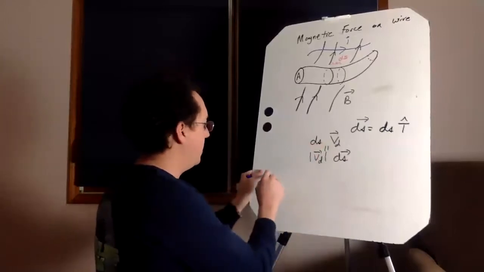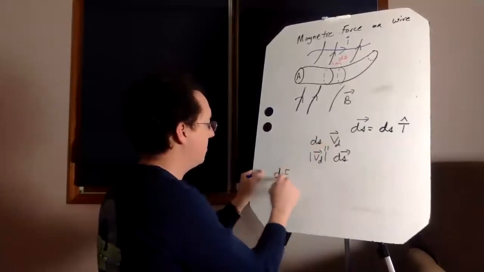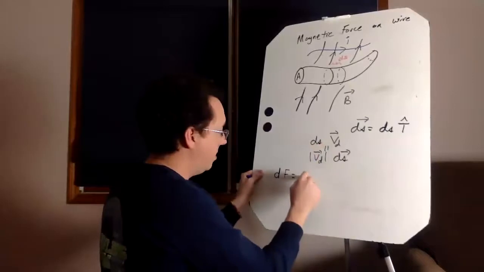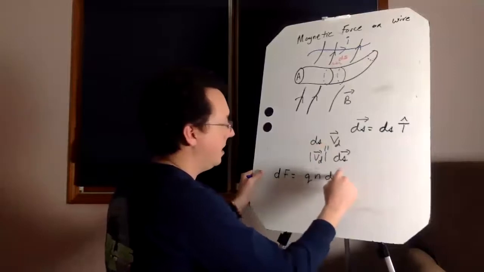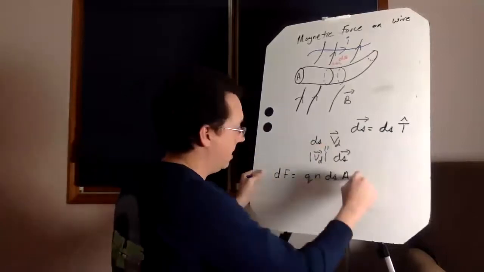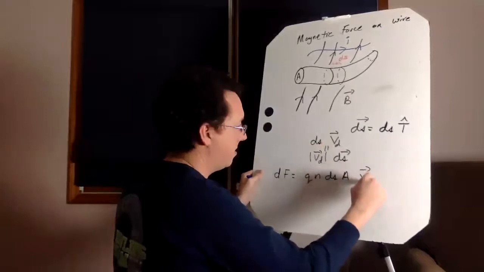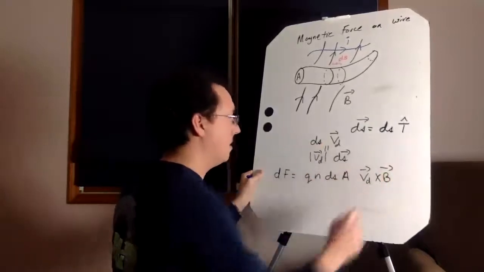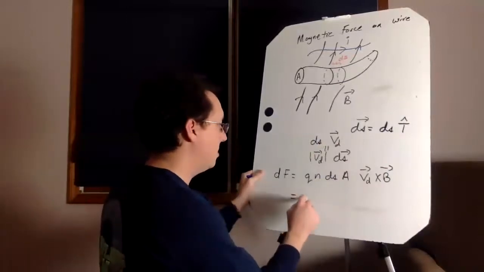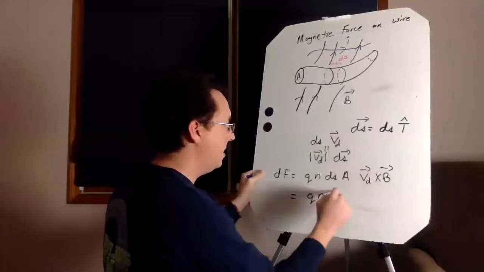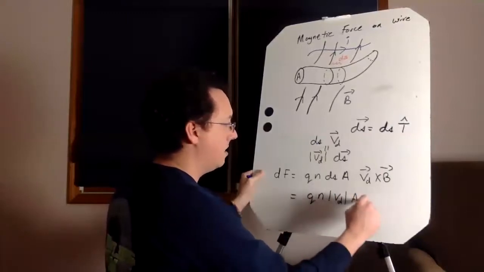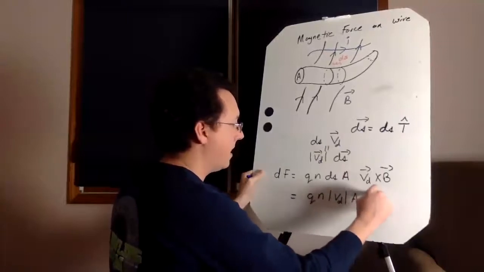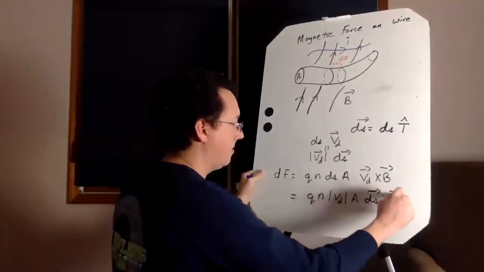So pulling it together, I can say that the little bit of magnetic force, which equaled Q times N times ds times the area times v vector cross b, equals Q times N times the magnitude of the drift velocity times the area times ds vector cross b.